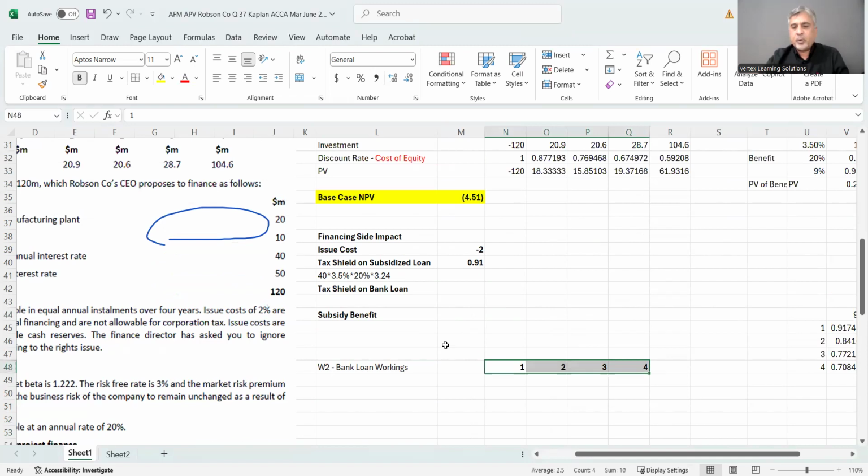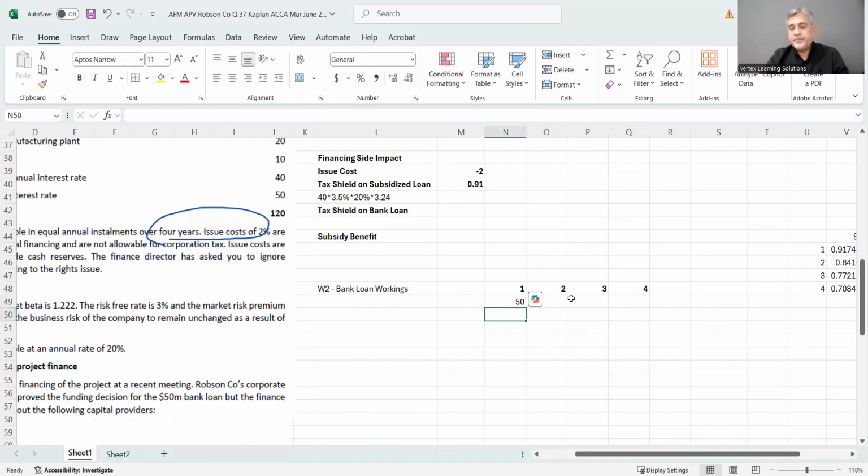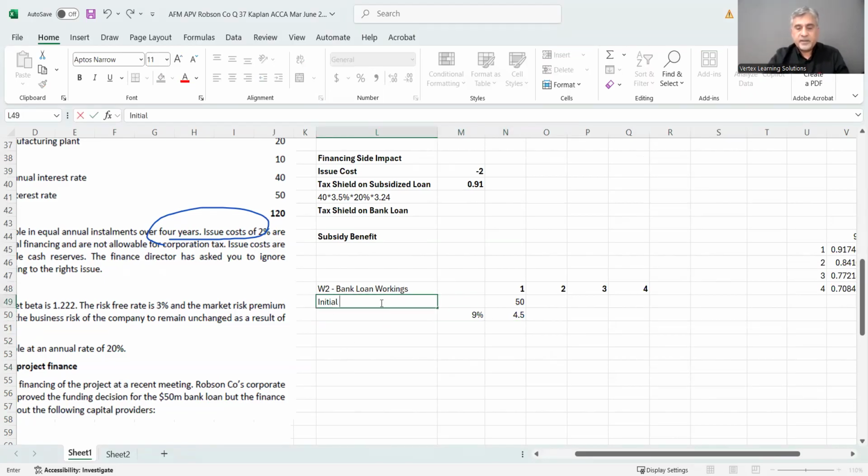If I have my opening liability of 50 million and I will pay interest at 9%, it is going to be 50 million times 9%. So this is my initial liability, this is my interest expense, and this is my payment of installment to the bank.